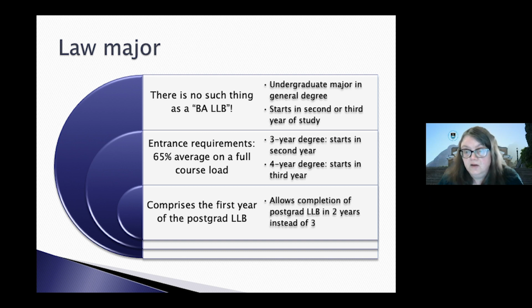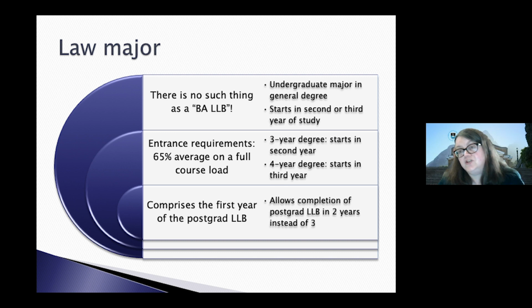Okay. If you make the requirements for law, which is a 65% average on a full course load in your first year if you're in the 3-year degree, or your first 2 years if you're in the 4-year degree, you are allowed to start law in your 2nd or 3rd year. Okay.